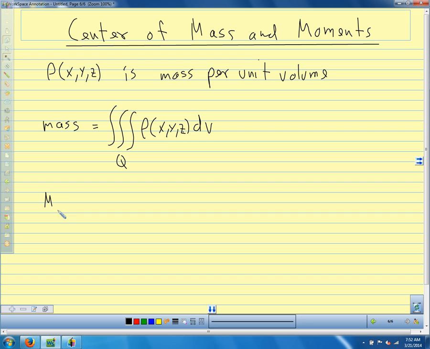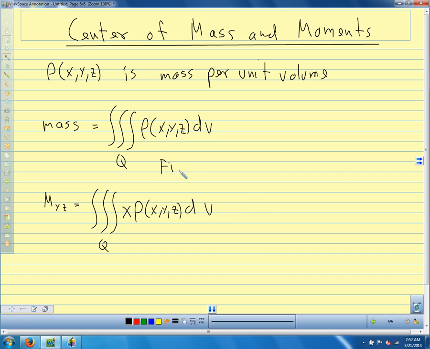Our moment about the YZ plane is a triple integral over our region. The distance from the YZ plane is x. So this is our moment. Let me put a label here.